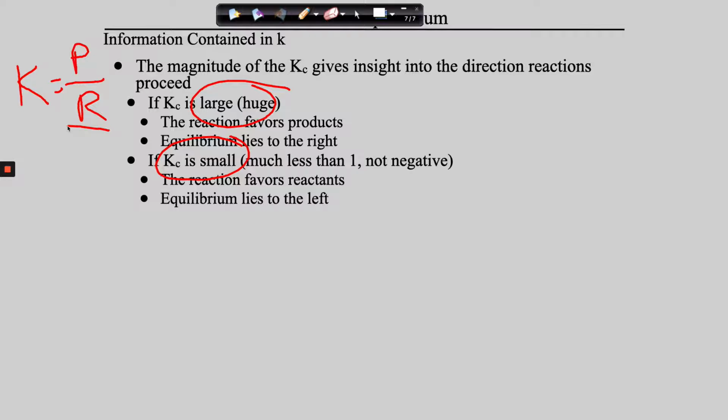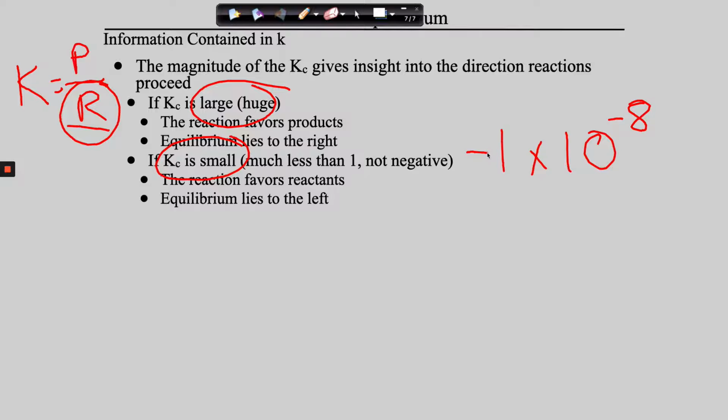But what about this? Imagine we have a Kc value on the order of 10 to the negative 8th. Does that mean more reactant or more product? More reactant, because this is a very, very small value. But remember, that does not mean negative. Why is it impossible to have negative Kc values?